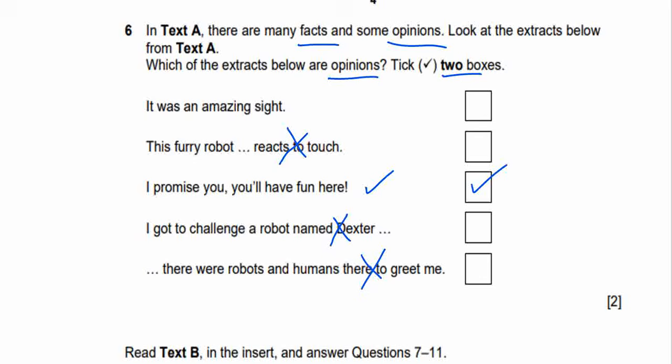It was an amazing sight, so this will be an opinion. According to the writer, it was an amazing sight, and I promise you'll have fun here. That is our answer. So it was an amazing sight, and I promise you'll have fun here.